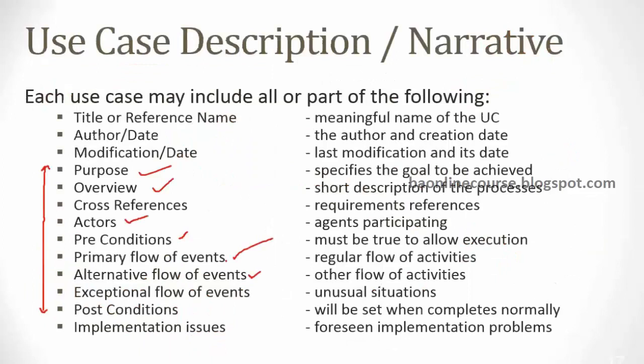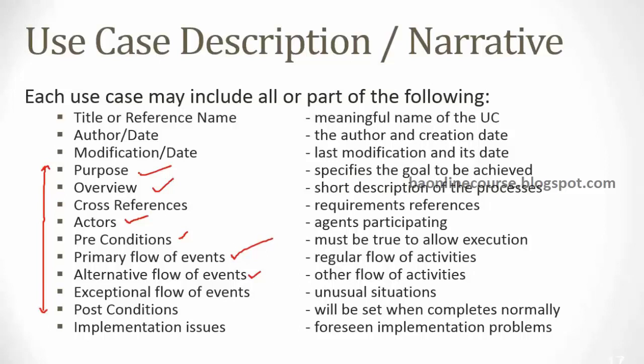Okay. So primary flow means that you're successfully achieving the purpose of the use case, right? If I want to log in, I would be successfully logging in. If I want to check account balance, I would successfully check my account balance, right? So you're successfully completing the task.